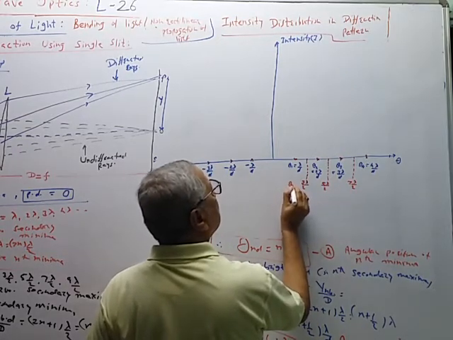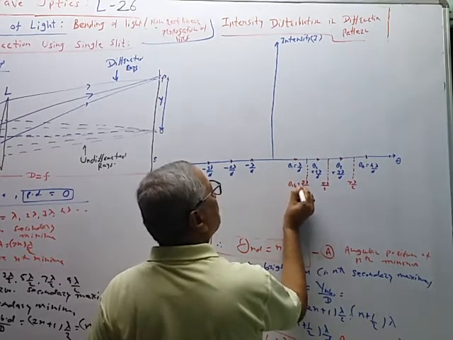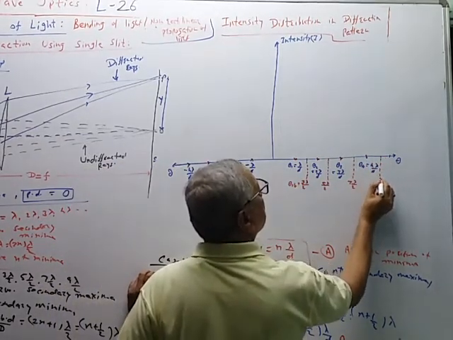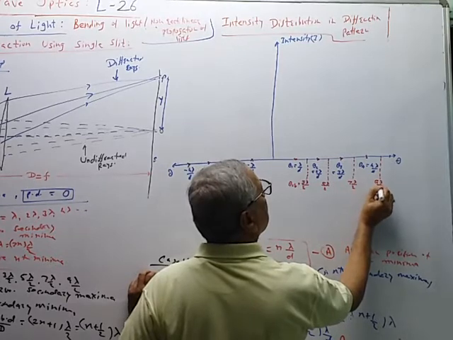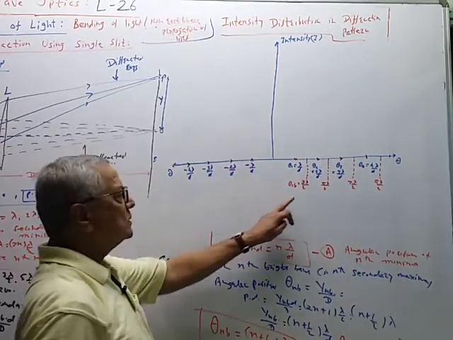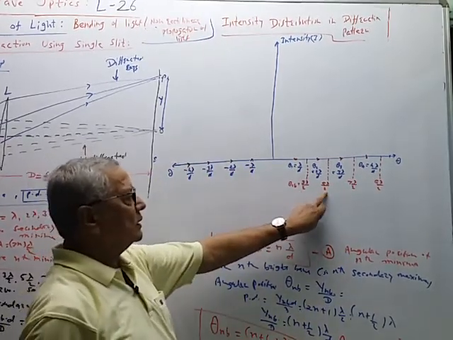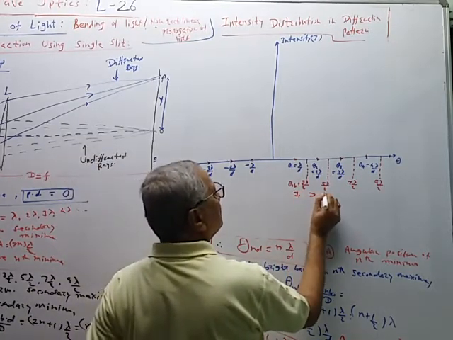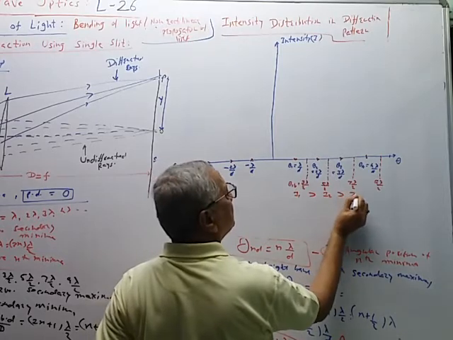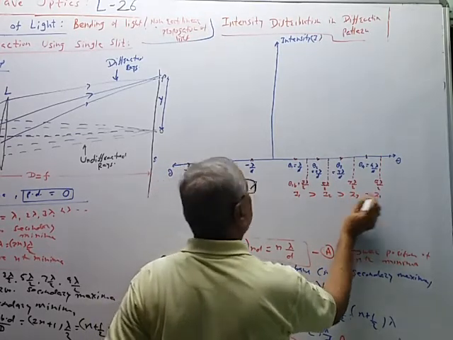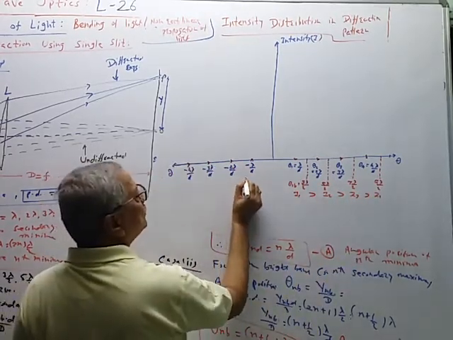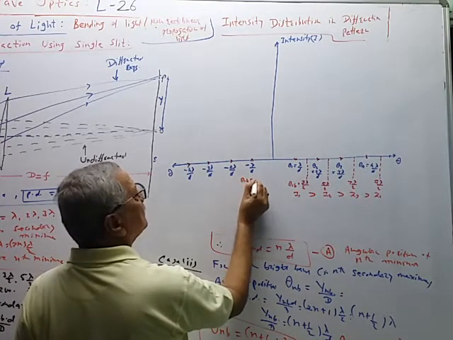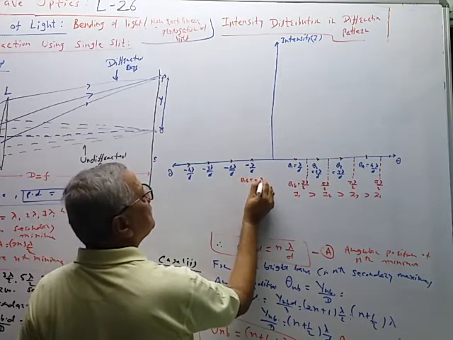So this is theta 1 bright, theta 2 bright, like this. This is 9 lambda by 2. So this intensity is I1, intensity I2 is less, so I1 is greater than I2, greater than I3, greater than I4. The same will happen on this side. So this is theta 1 b is equal to minus 3 lambda by 2.